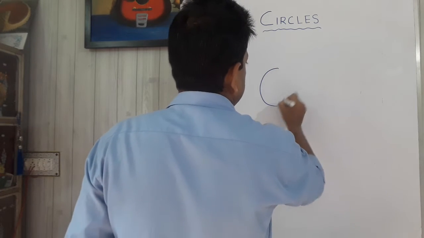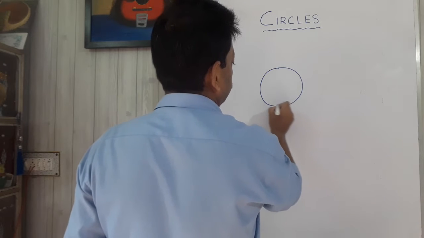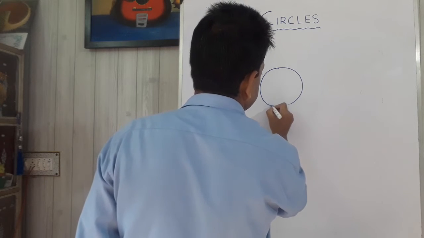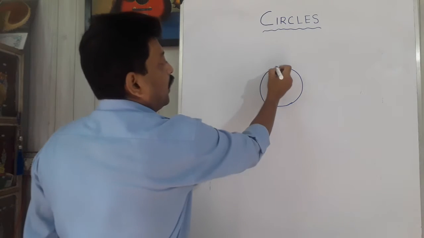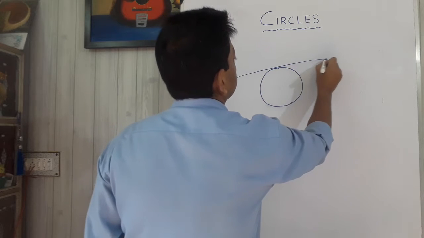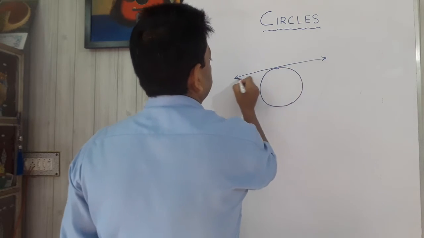Suppose this is a circle and this is a point, a tangent is drawn.